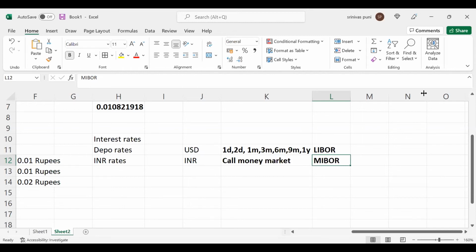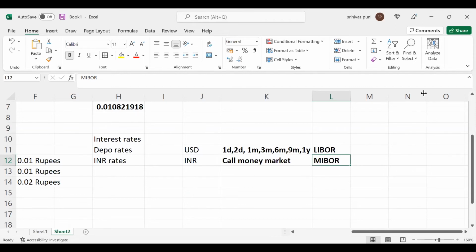Now, as I keep saying, the MIBOR is not exactly matching. It's not like the cash term and the cash spot will exactly match the difference between the dollar deposit rates and the MIBOR rates, because MIBOR is just a benchmark to get a sense of what has been the average rate for that particular day. But the actual transactions will happen between two banks, depending on how much they want to quote at what rate and so on. So there will be variations in rates.